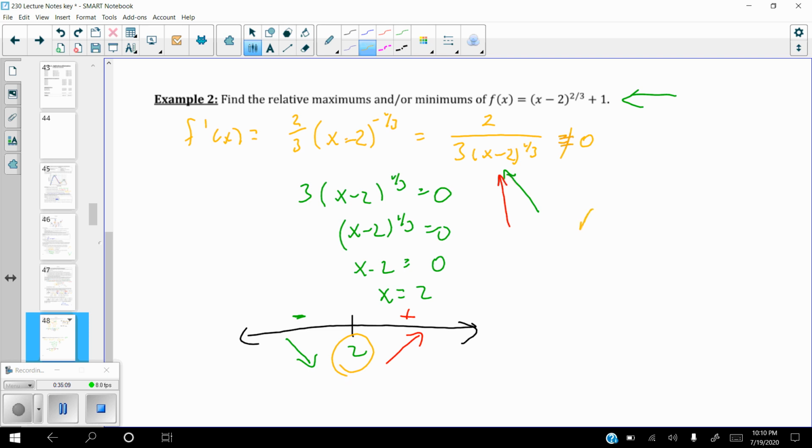So what we have is a relative minimum, and the relative minimum at x equals 2 is f of 2, which is going to be equal to, again, I've already done this part, but you plug 2 back into the original function, and you're going to get 1. And in this case, there is no relative max because it never goes from up to down.